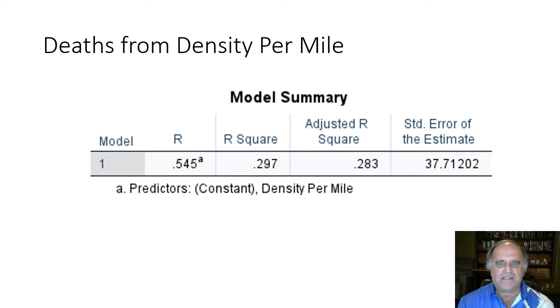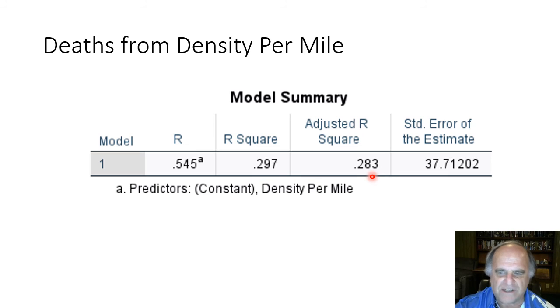Our next piece is our model summary. We can see that, as we already knew, our R, or our correlation, is 0.545. And our predictors that we're putting into the equation are the constant and the density per mile. The R squared is 0.297.